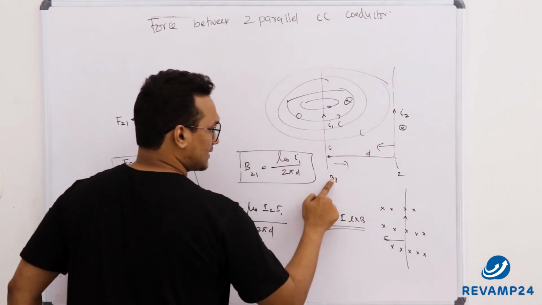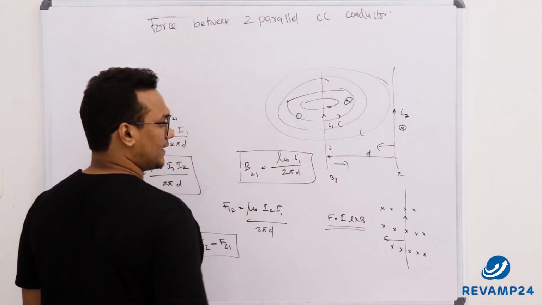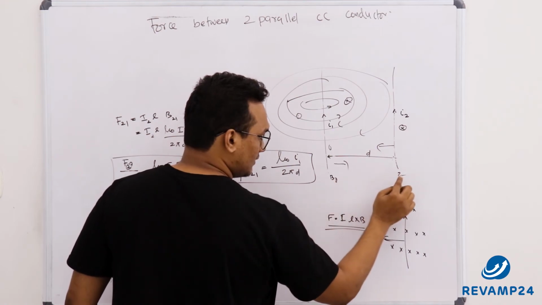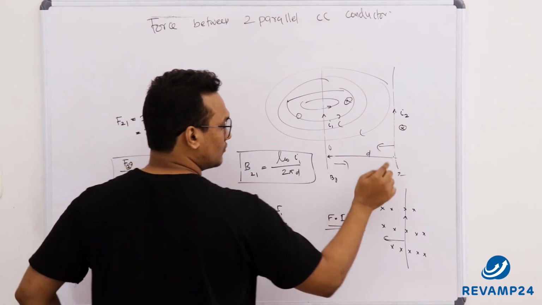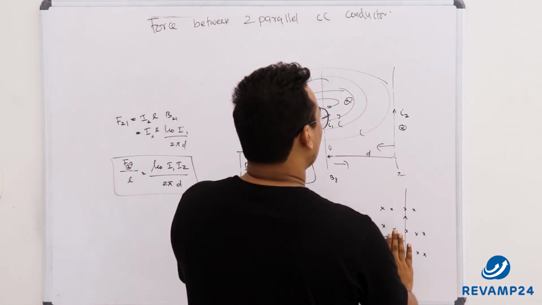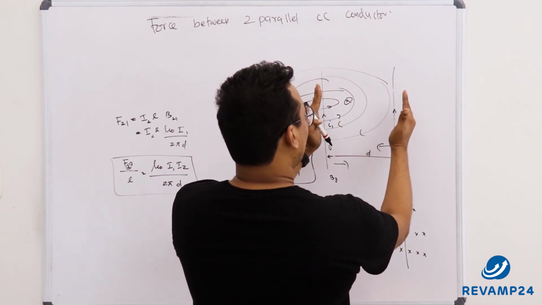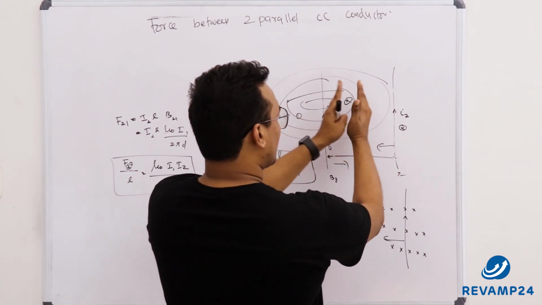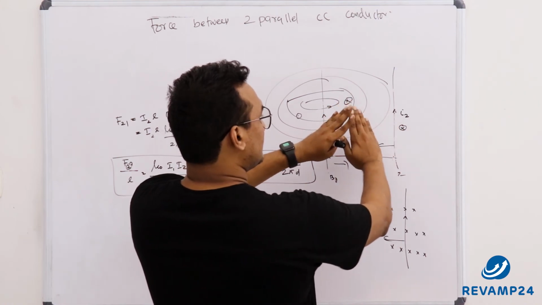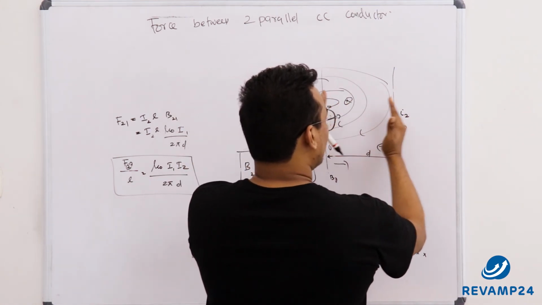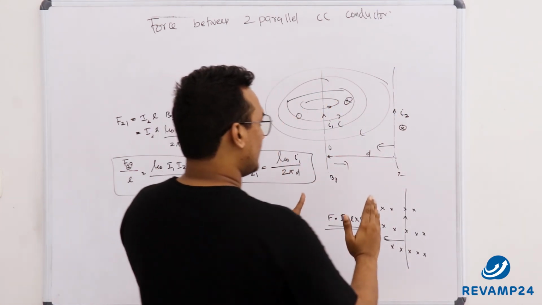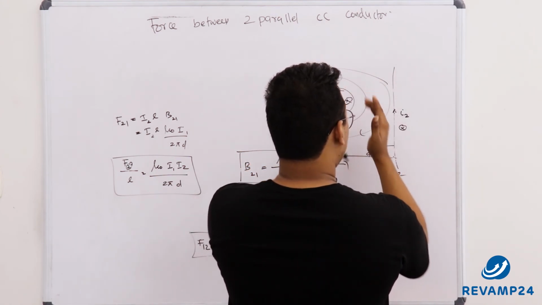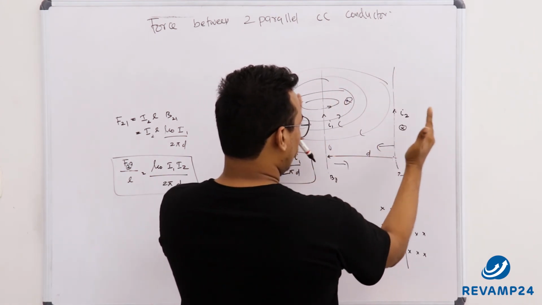This exerts a force on this in the inward direction, and this exerts a force on this in the inward direction. So when the currents are going in the same direction, it is a force of attraction. They come closer. I'll repeat it. When it is in the same direction, they will attract. See, forces are inward, attract.